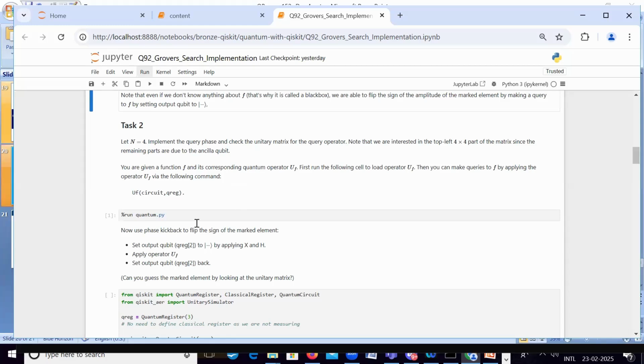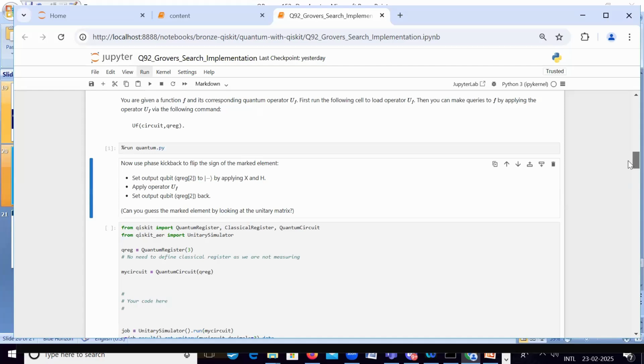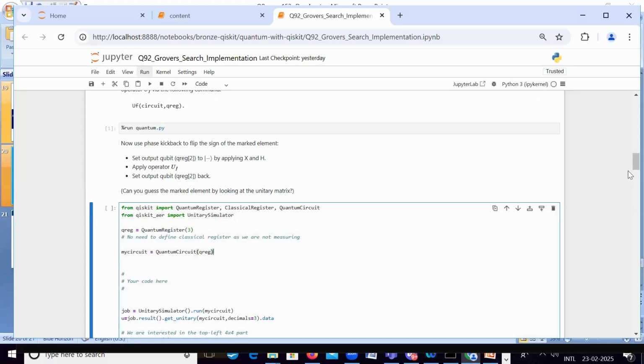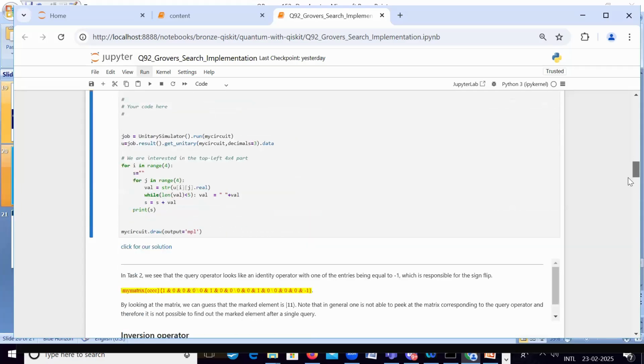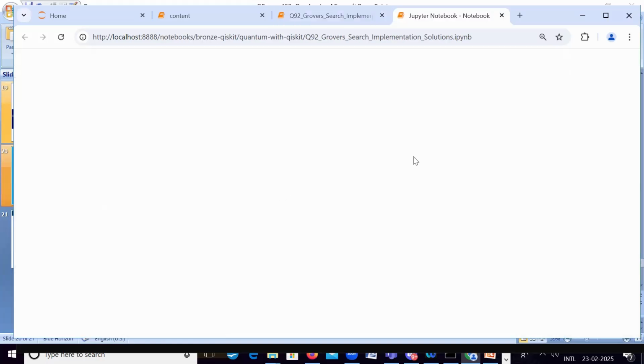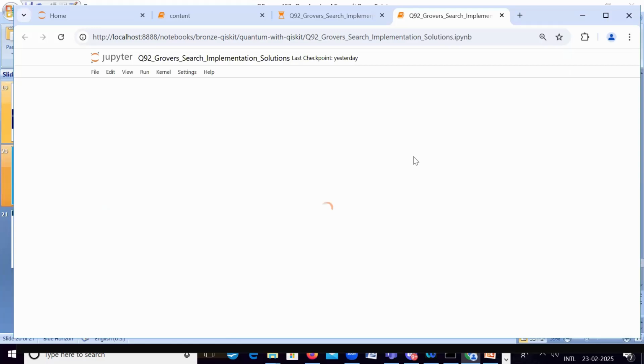First let's see, then I'll explain this ancilla qubit. We imported quantum.py. Next is to represent that in the unitary matrix. So here is the solution created to solve the problem given there.